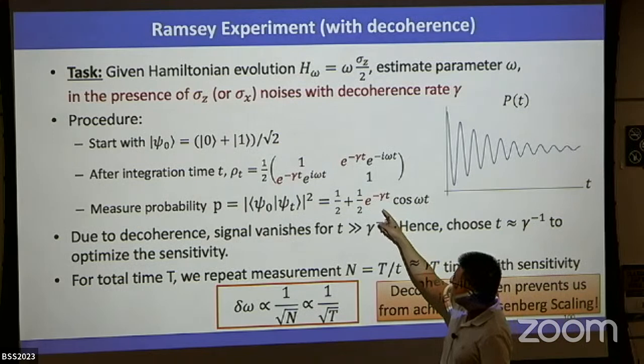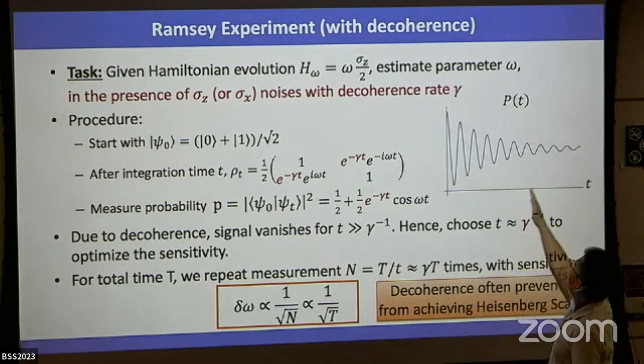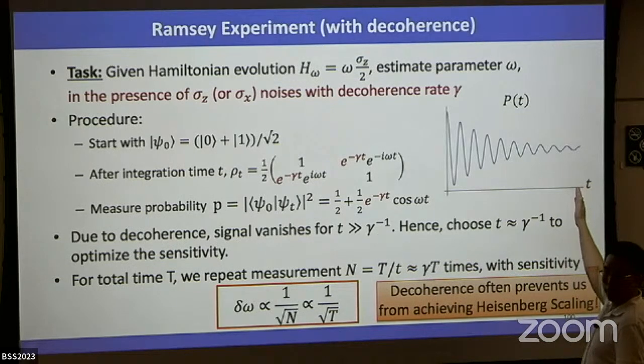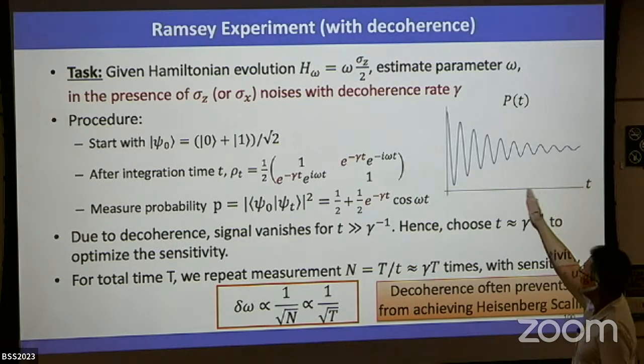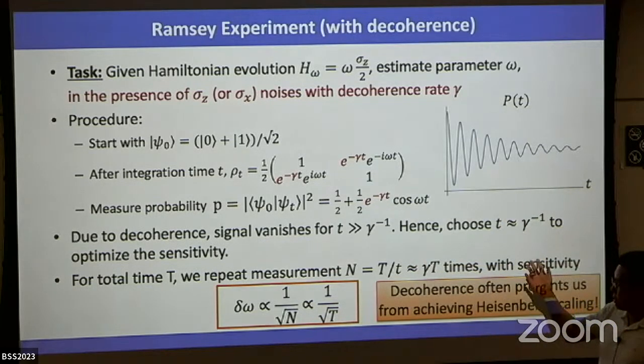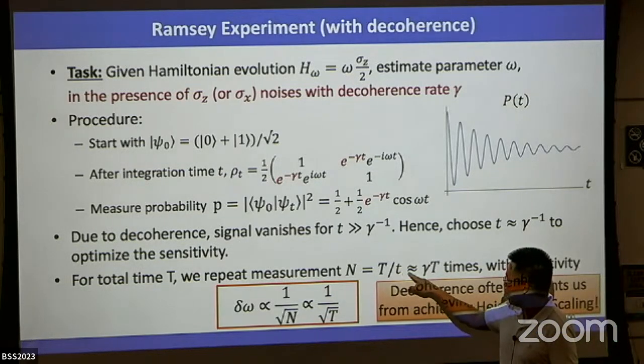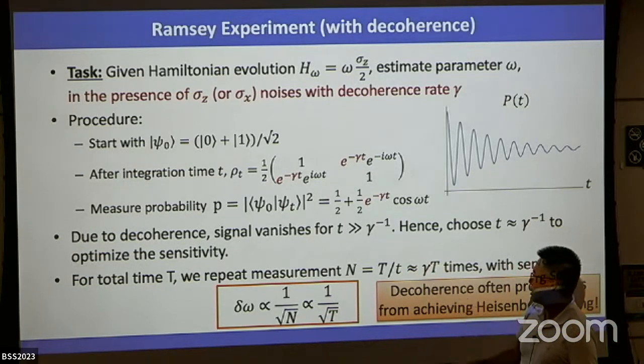Once you have such an exponential decay envelope, you get to a diminishing return region if you wait for a really long time, because you actually don't see the signal. It's better to choose a time which is comparable to the decay rate, get the signal, and repeat the experiment many times. Now you have a characteristic time scale for the repetition of the experiment.